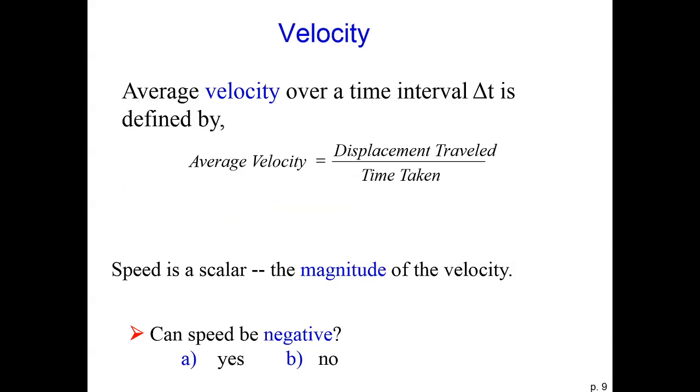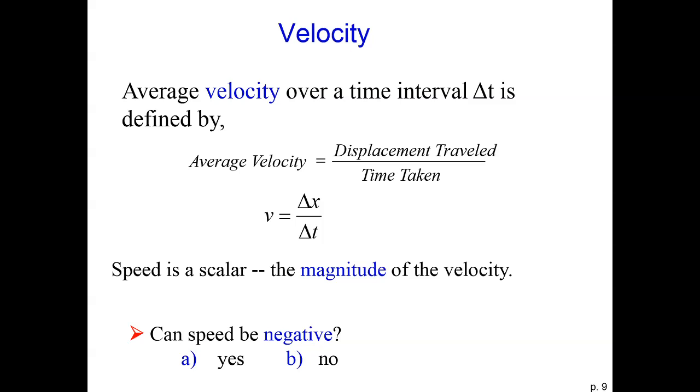We call that displacement divided by time the velocity. So average velocity is defined by the displacement traveled divided by the time taken. So the formula is delta x, the change in position, divided by delta t, the change in time.